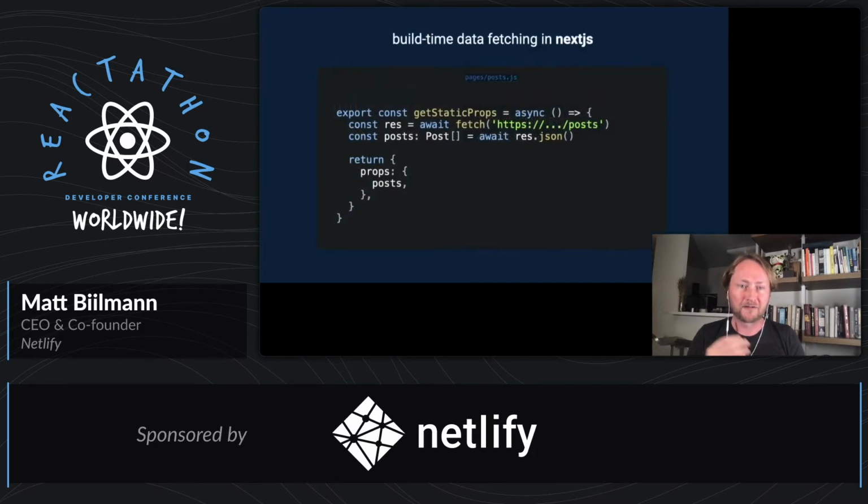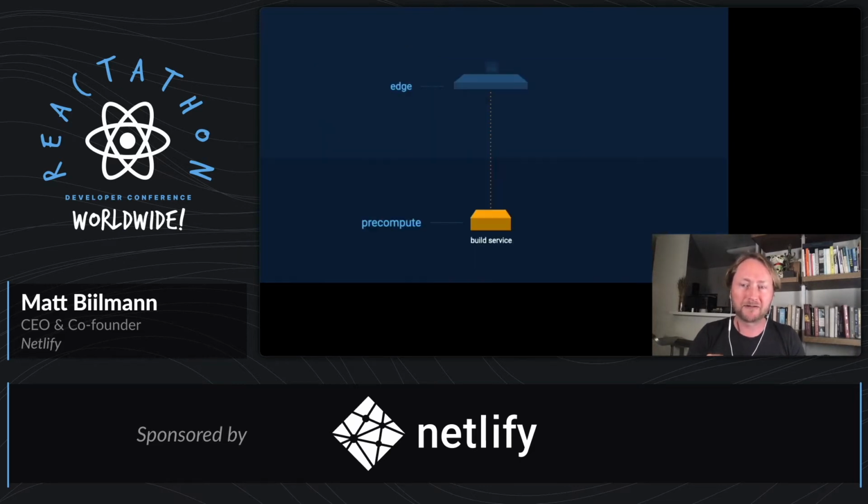You can fetch data at build time through the getStaticProps method, and if you use Netlify's build system, it will run this. It'll pre-build all the different URLs and distribute them with an atomic deploy directly to the edge, handling all the assets.